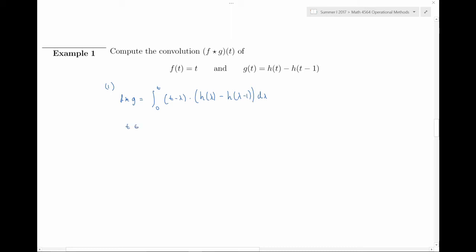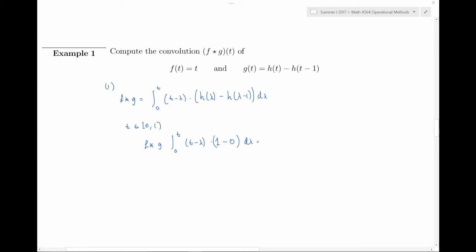When t is from 0 to 1, f star g just integrates from 0 to t the function t minus lambda multiplied by 1 minus 0.